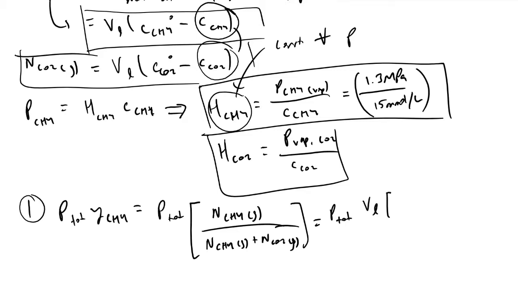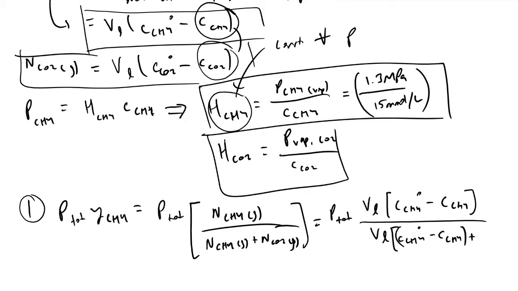We're going to multiply this by the concentration of CH4 at 350 meters, subtract it from the concentration of methane, divide this term by V_L, and we're going to take the denominator of this, and this will have C_CH4 naught minus C_CH4.